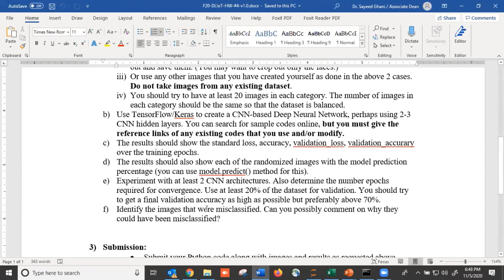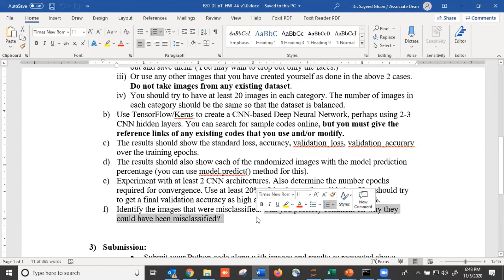So coming back to this, I've asked you to possibly comment. This is where I expect you to comment, all right? So look at your results, and look at the 20% cases, and if you find that a random X didn't come out well, it was misclassified, can you give an intuitive answer as to why it was misclassified?